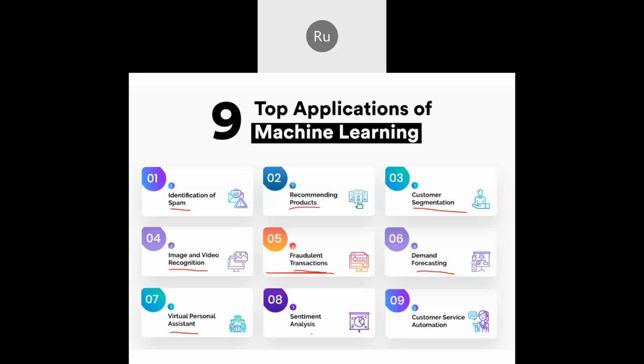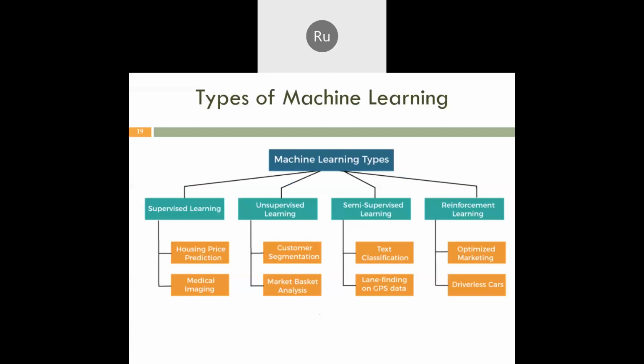We also do some sentiment analysis in which we look at the news and try to extract the sentiment, whether it is positive, negative, or neutral. And also we have customer service automation, in which if you have any question, the AI bot will help you with any of your queries. Okay, so these are the 9 top applications of machine learning. Basically they are in our daily life, so they are very important.